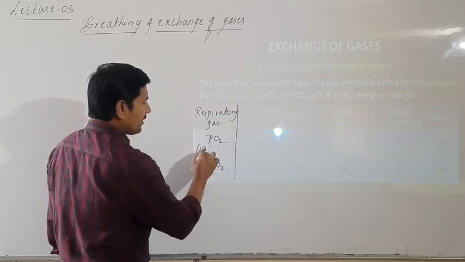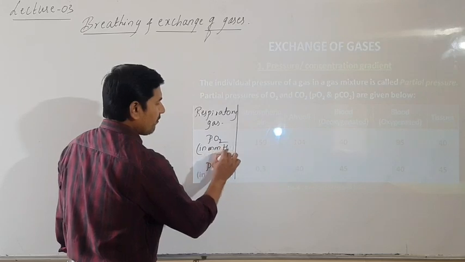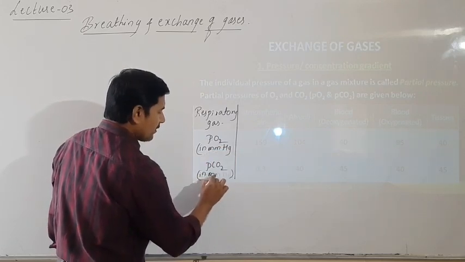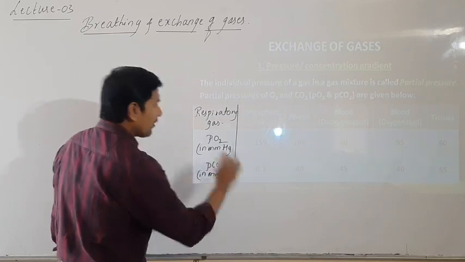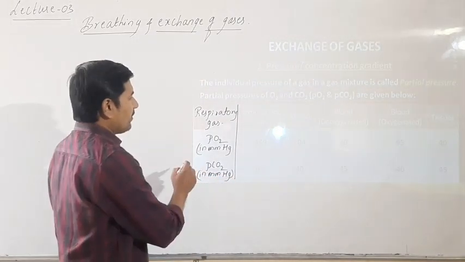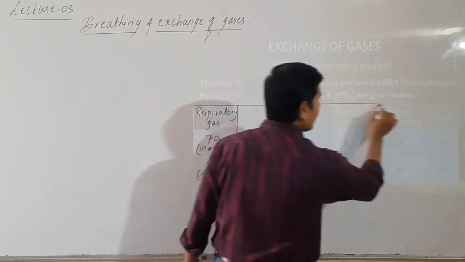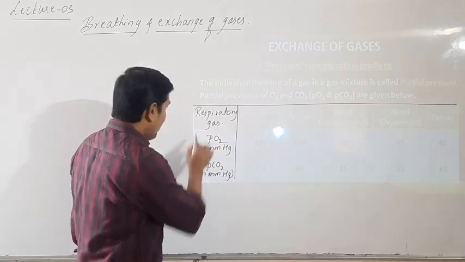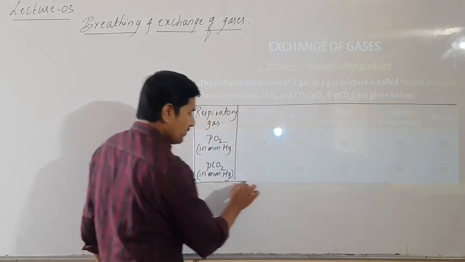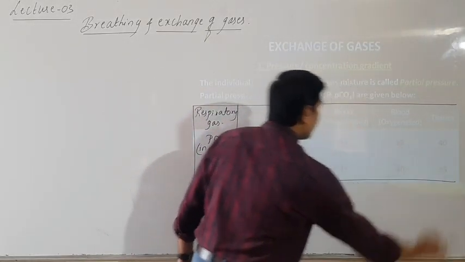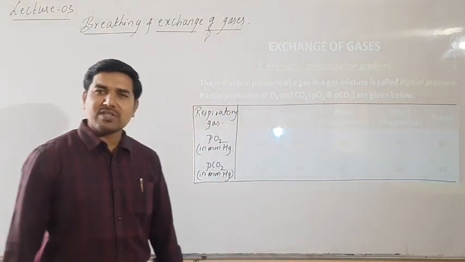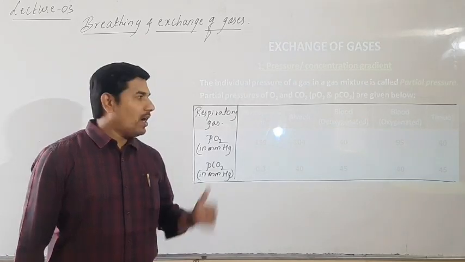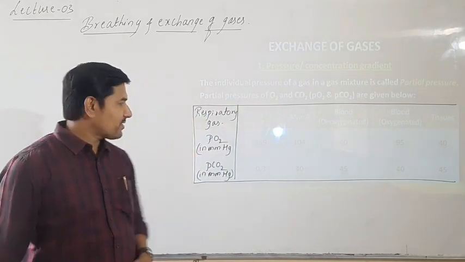This is in mm of mercury. This is also in mm of mercury. Okay. This chart will show what is the level of oxygen and carbon dioxide. This chart is most important because out of these any one will be asked.